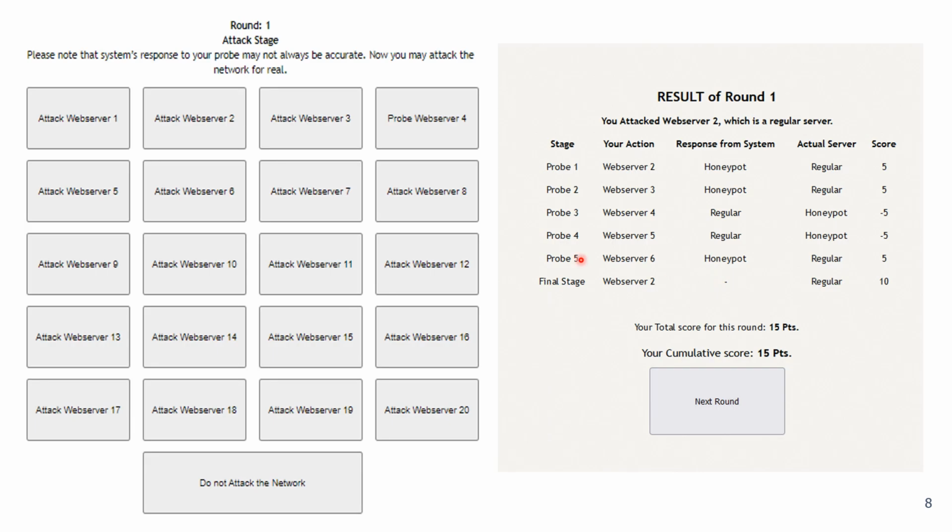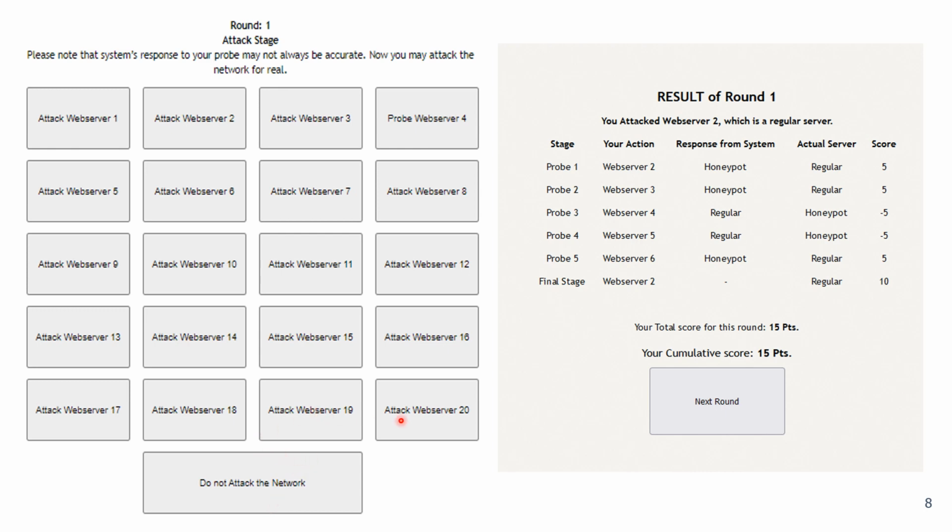Next, after probing 5 times, he moves to the attack stage. In the attack stage, he is again shown the 20 web servers and is asked to attack one of these, or he has the option to not attack and proceed.